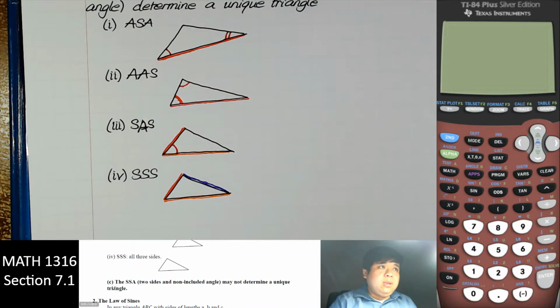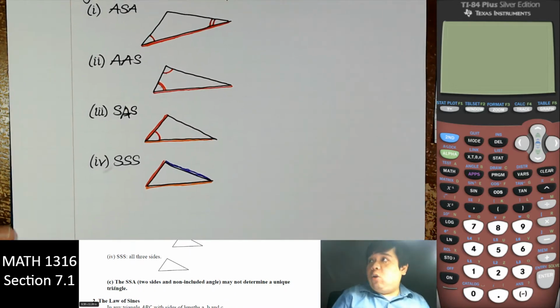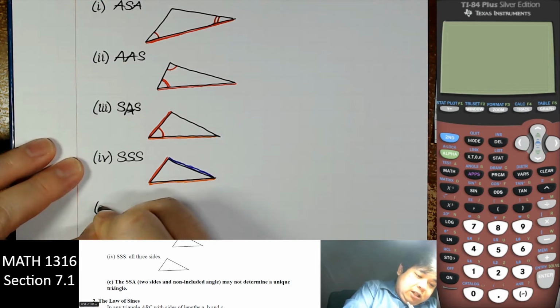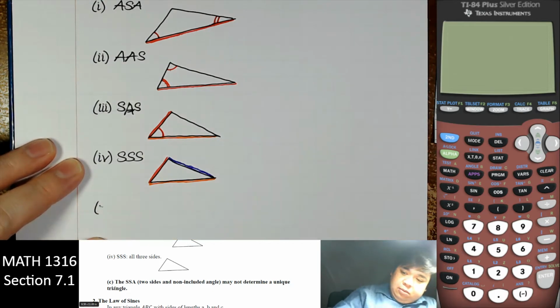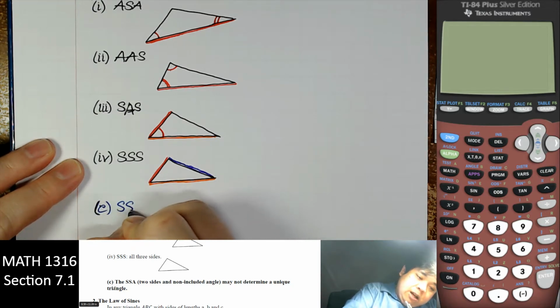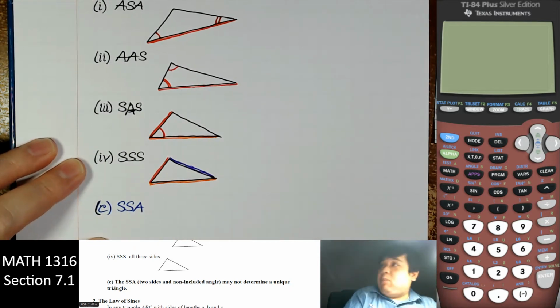The case of side, side, angle may not determine a unique solution. Don't say it backward.